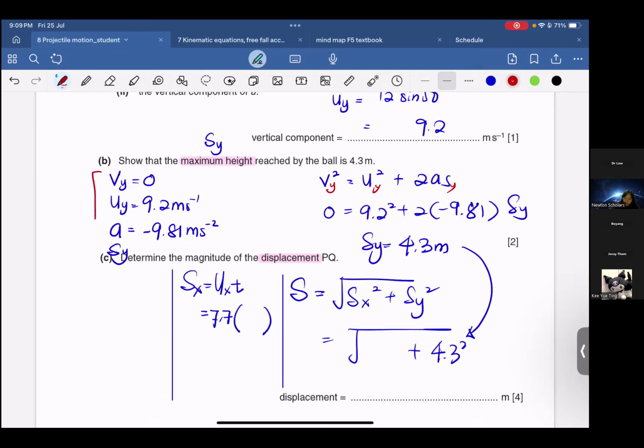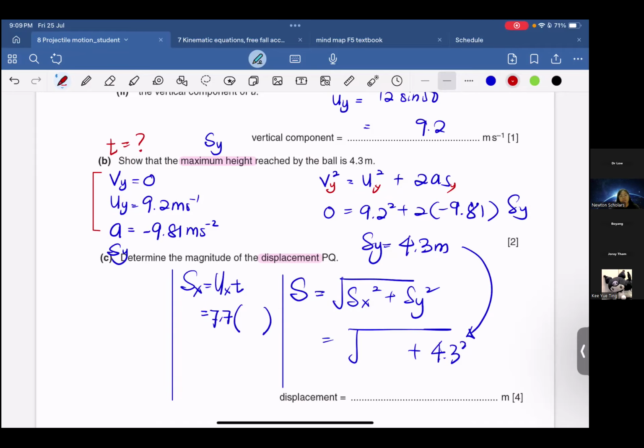Just now, the vertical actually has a lot of information we know already. So we can use the vertical component to help us find your t. Try and then tell me your answer. What is your t? For the vertical component, we know the v, u, a.